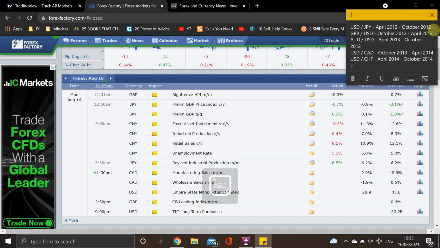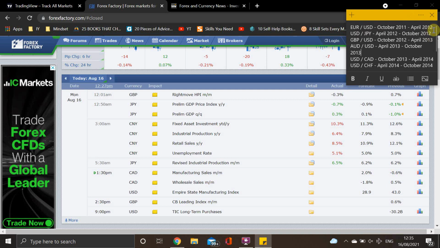And then NZD USD, October 2014 to April 2015. So within those 6 months, we're trading 7 pairs.